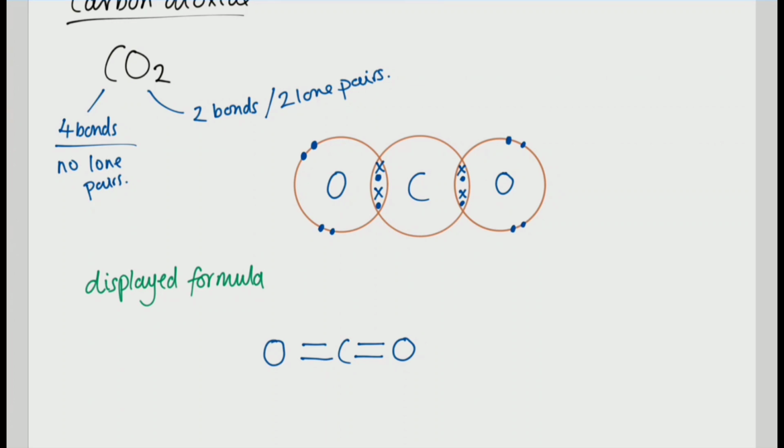And now that's the structured or displayed formula of carbon dioxide. To turn this displayed formula into a Lewis structure, all we need to do is add the lone pairs. There are no lone pairs on the carbon, but there are 2 lone pairs on each oxygen atom, which we add here. So that turns carbon dioxide into its Lewis structure.